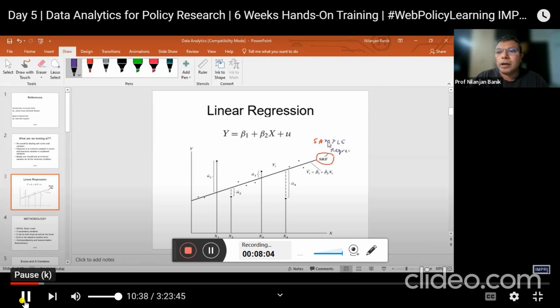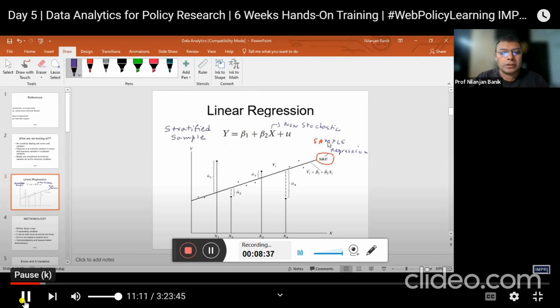Okay. Now I'm going to ask you two questions. I'm sure that you have all heard about this. The first thing is they are saying X is non-stochastic, and the other thing which you have heard is something called stratified sample.